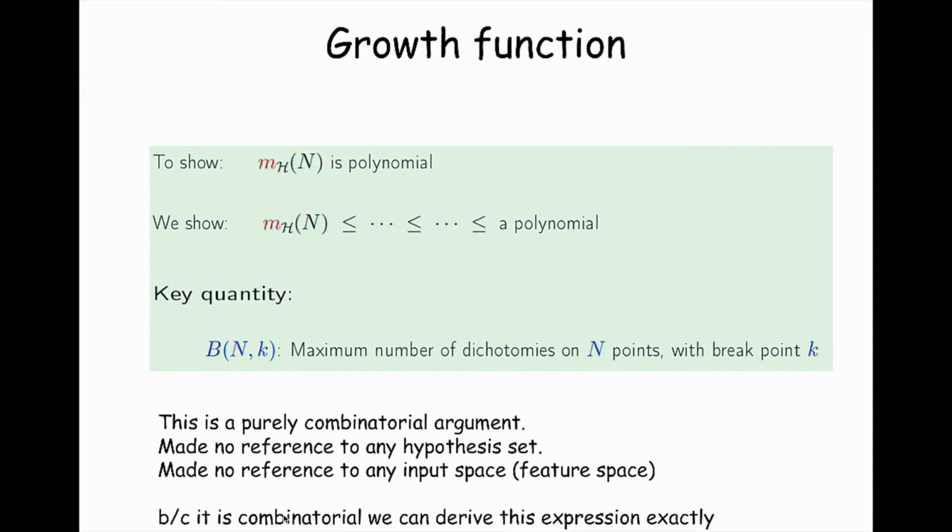We're not talking about the dimensionality of the feature space, and therefore not the dimensionality of the learning model. Because it's combinatorial, it's convenient for us to come up with a closed form expression that we can solve for precisely.